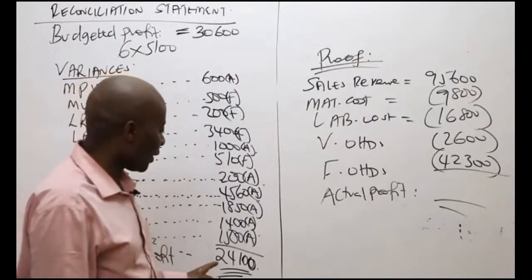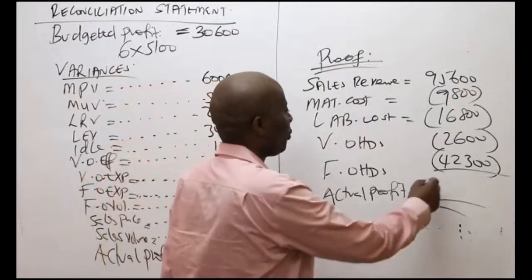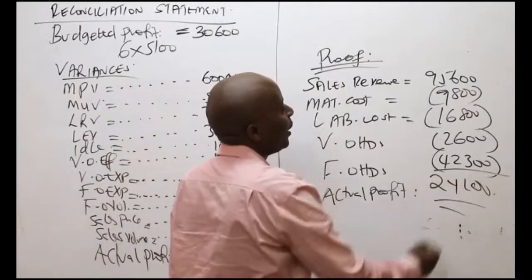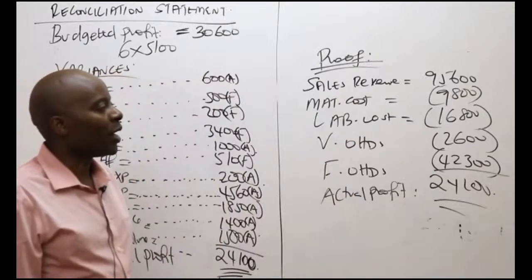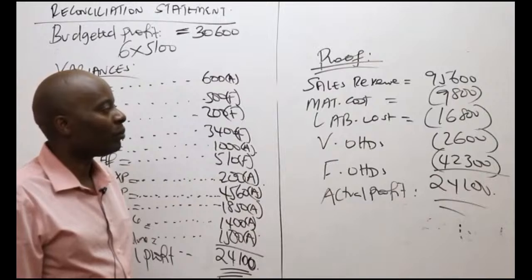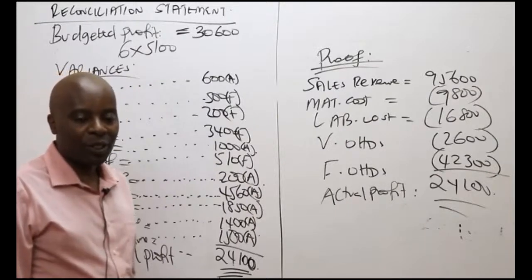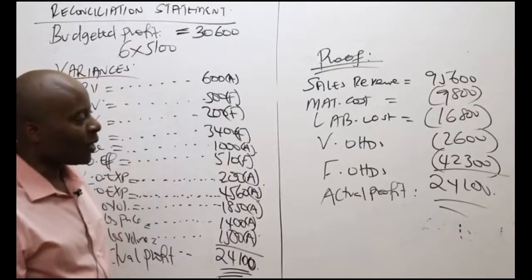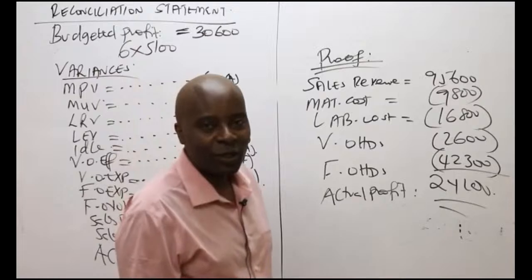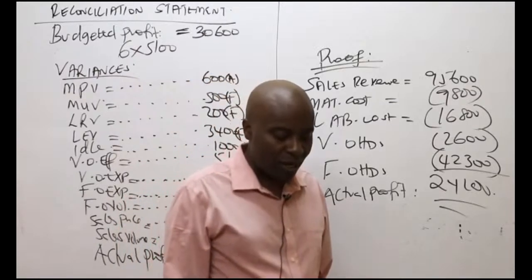So we want to see whether you are going to get the same figure of 24,100. Is there somebody who is able to see 24,100? Yeah, 24,100. So now that marks the end of our class today.